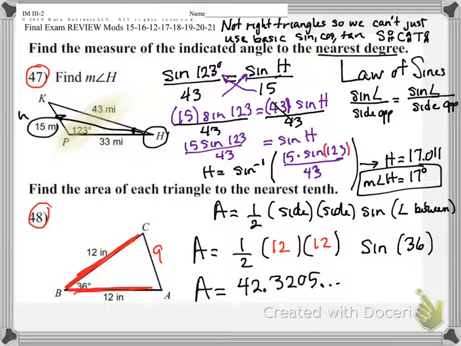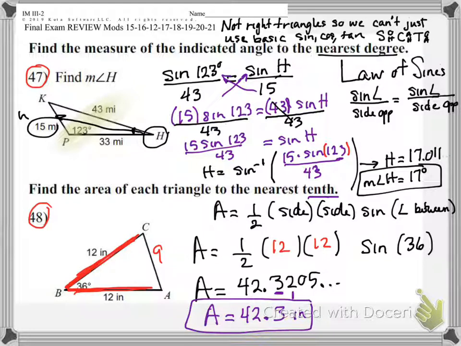Okay, 42.3205. We need it rounded to the nearest tenth. And the nearest tenth means I'm keeping one place past the decimal. And I look at that 3, and I say the number after 3 is smaller than 5. So 3 just gets to stay as a 3. And since this was inches, I went with inches.